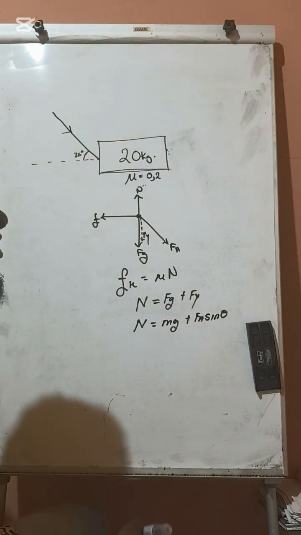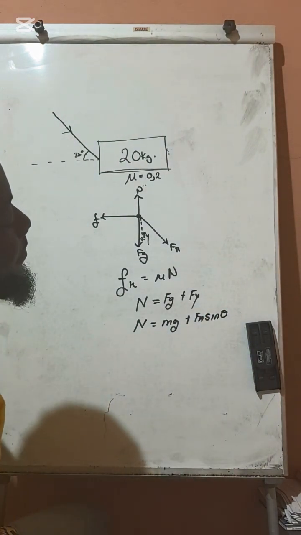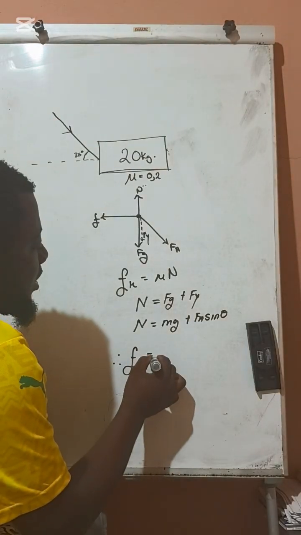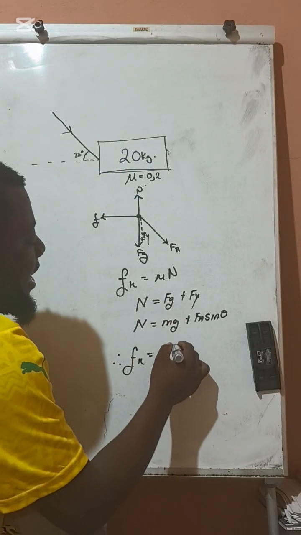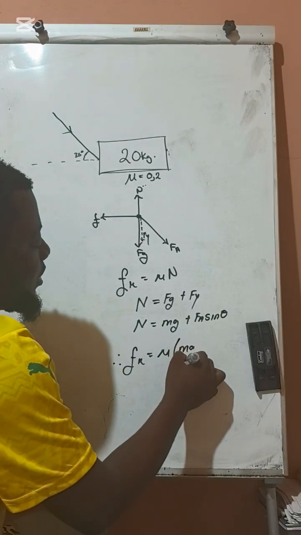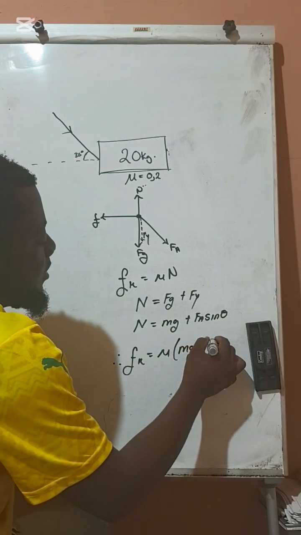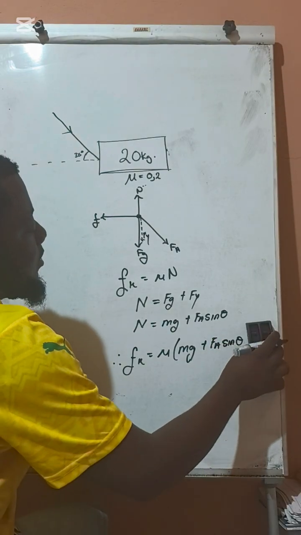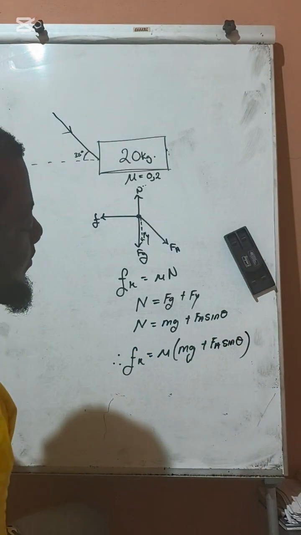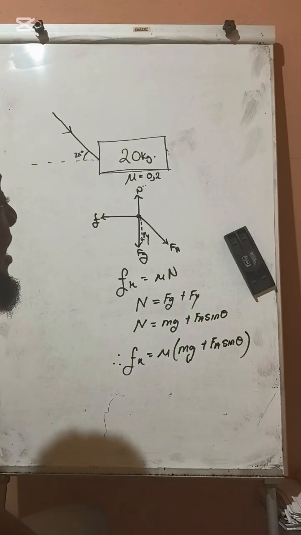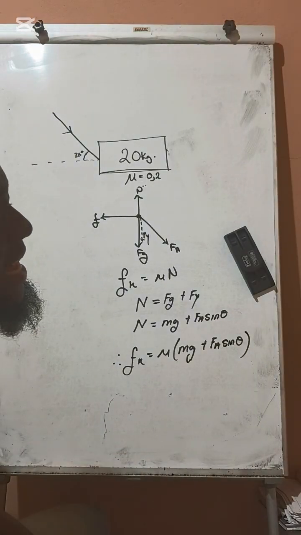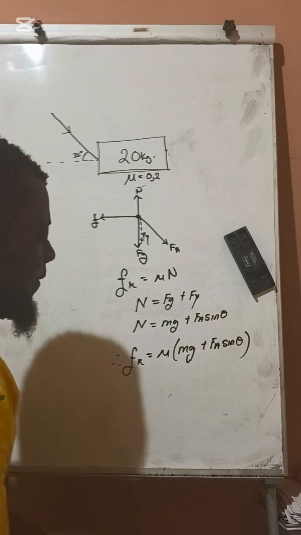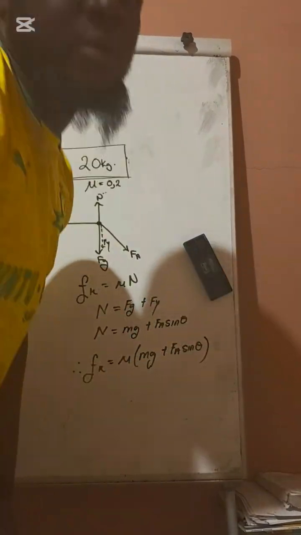Therefore, frictional force will be equal to mu N, where for N you put mg plus Fa sine theta. So that is the third scenario.